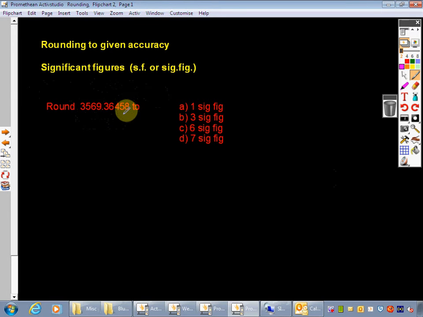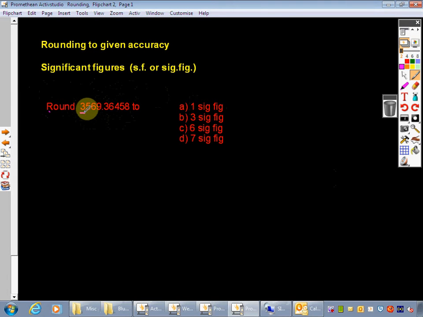So first of all, the question is round 3,569.36458 to one significant figure. The first thing I need to do is decide which is the most significant figure. Well, the most significant figure in this case is the one furthest to the left. It's the 3,000.